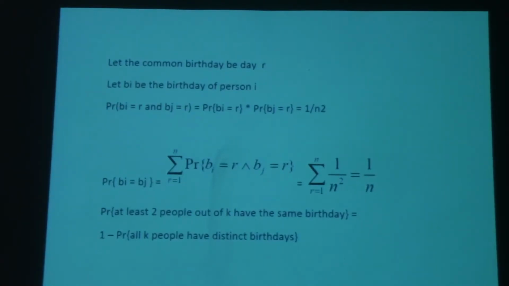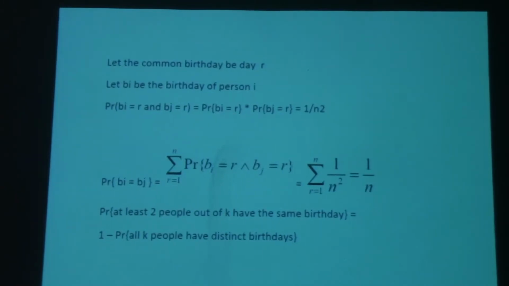Now, the probability that B_i is equal to R and B_j is equal to R equals the probability that B_i is equal to R times the probability that B_j is equal to R. And that's going to be 1 over n squared, where n is the number of days in a year, which is 365.